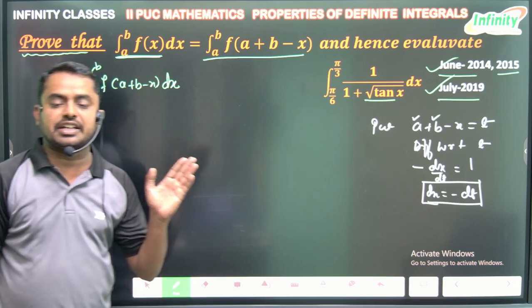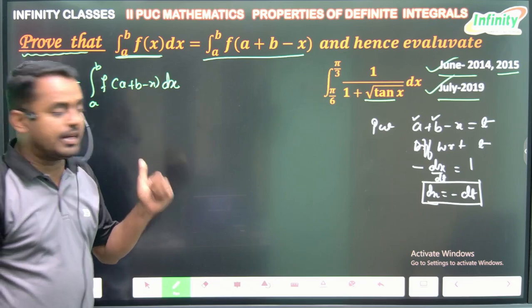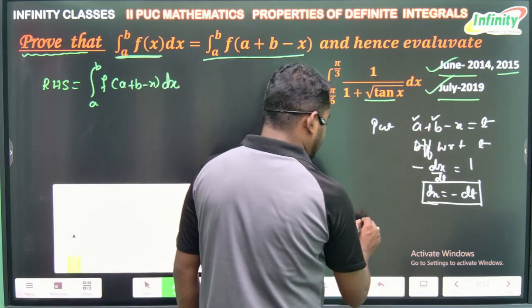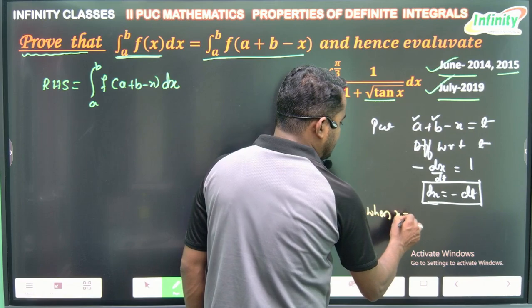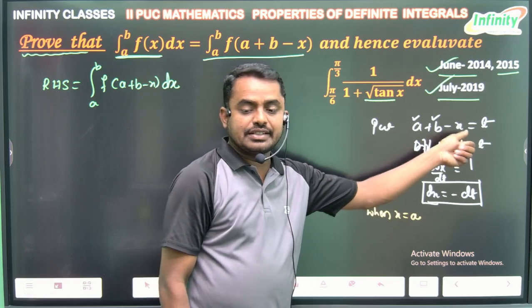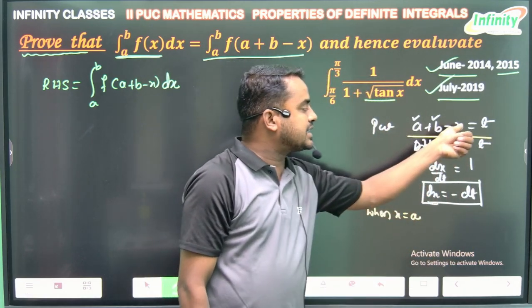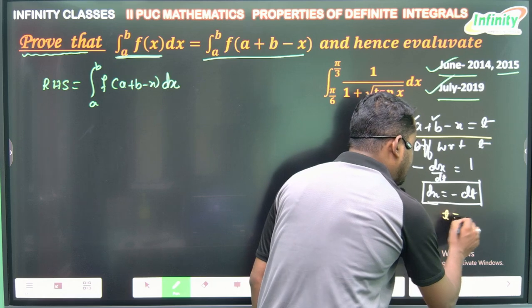After taking the substitution and differentiation, change the lower limit and upper limit. When x is equal to a, if I put x is equal to a here, minus a plus a will get cancelled, that is t is equal to what? b.